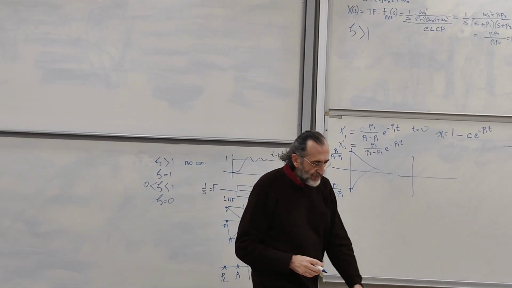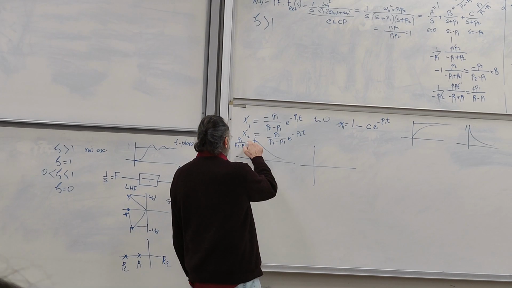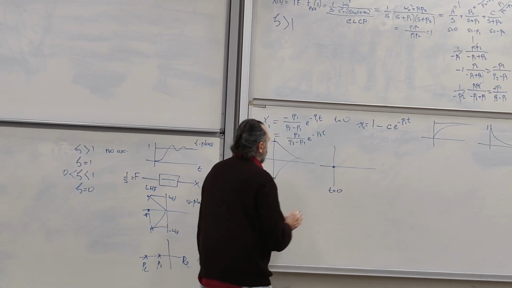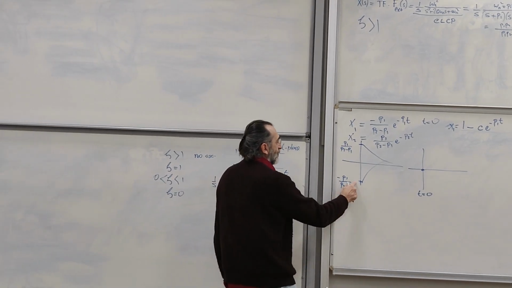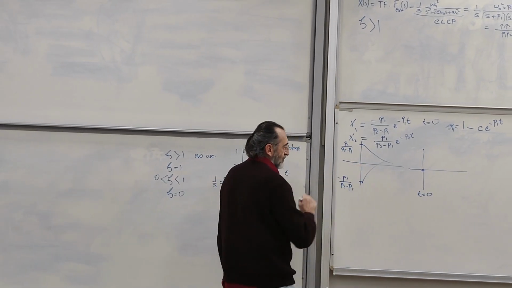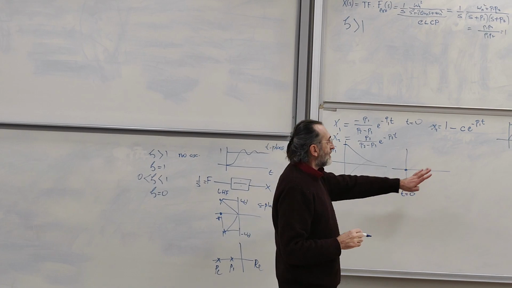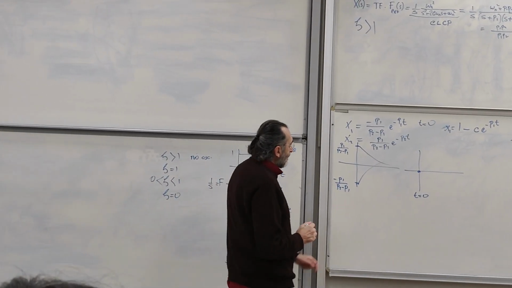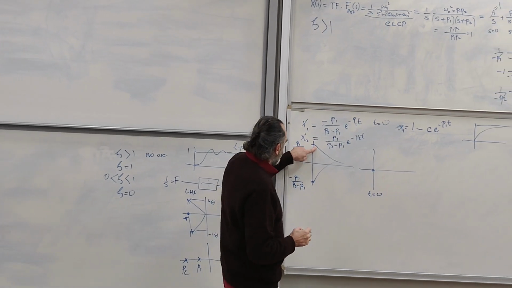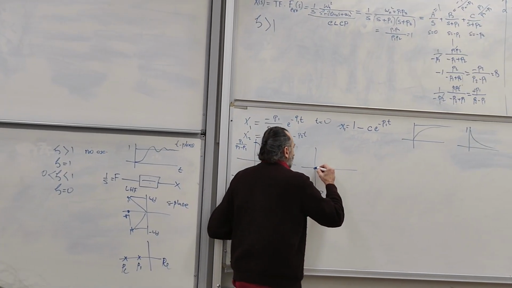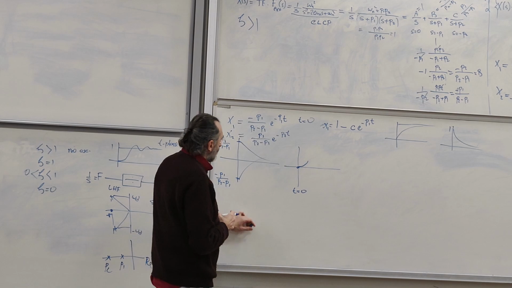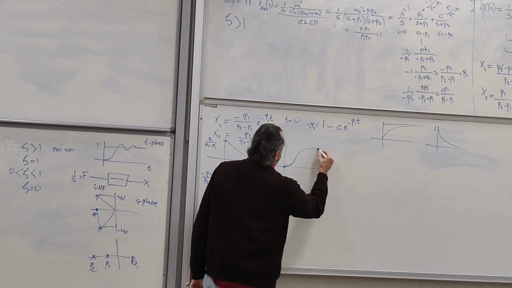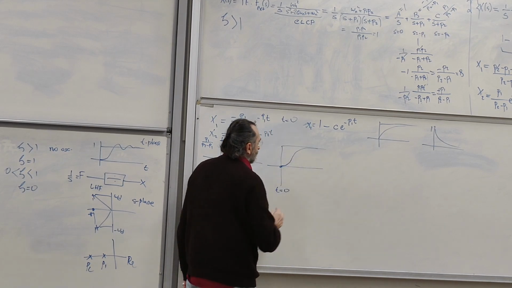It's going to start from 0, because this minus that is going to be 0 at time equals 0. Alright, this takes away that, so I start from 0, since I'm adding these two. And then here, this is going to take over, so I'm going to have a curve that goes like this, with a curvature, and it's going to come like that.